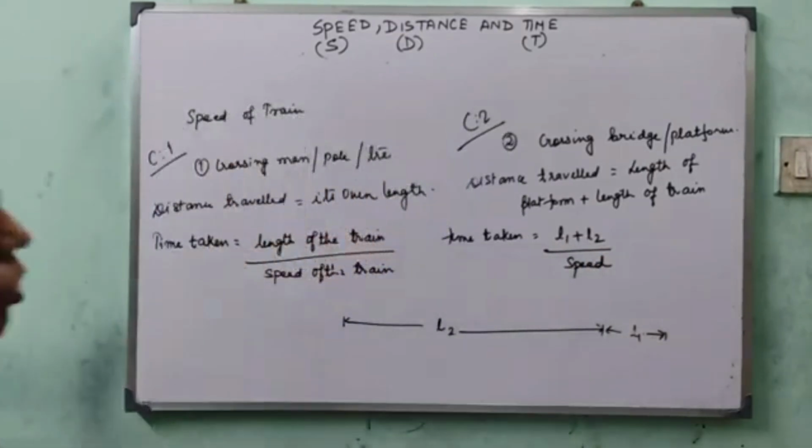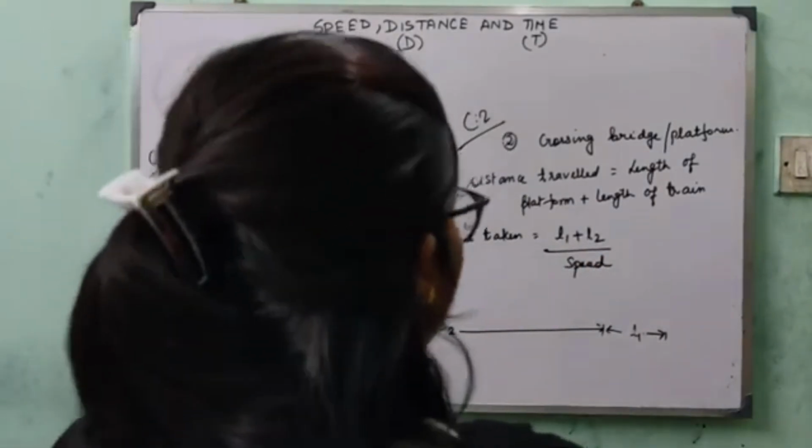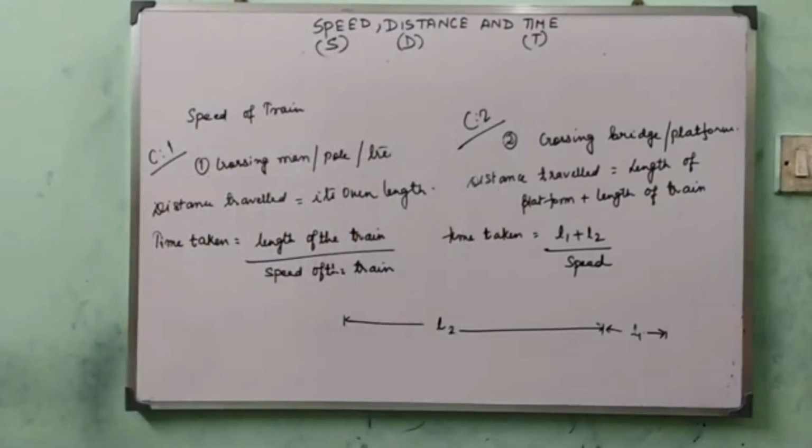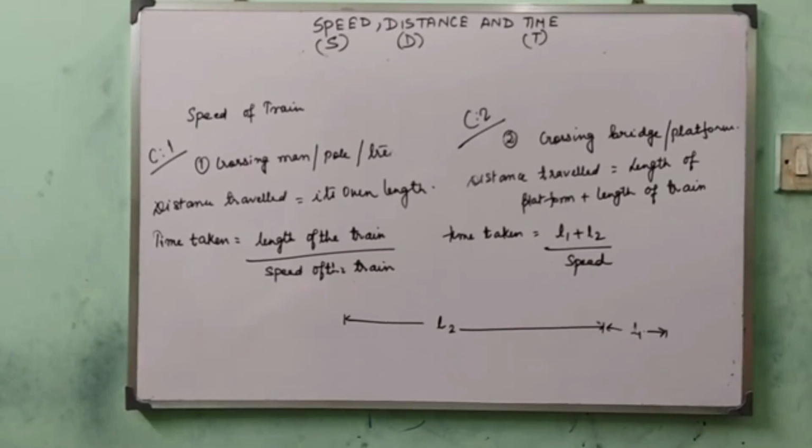So what is the time taken? I repeat, first you will find out the distance travelled by the train to cover the platform, and what is it? The train covers a distance which is equal to the sum of the lengths of the platform and length of its own. Then the time taken to cross the platform will be the length of the train plus the length of the platform by the speed of the train.